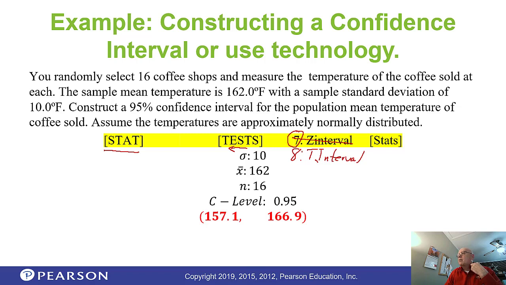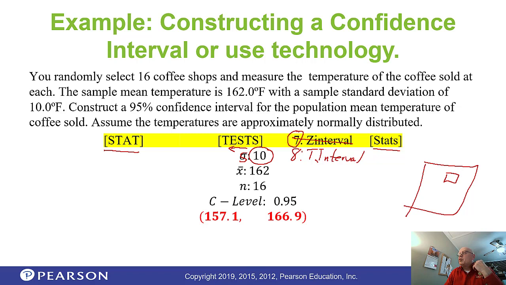Once you're there, at the top of your page, there's going to be a section right about there that gives you an option of either using data in one of your lists or stats that someone has given you or you've collected. Change it to stats, and then just below it, put in 10 for the standard deviation, which in this case would be S. My typo, I admit it.